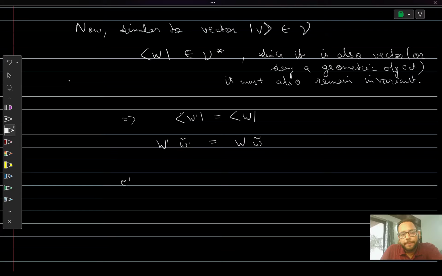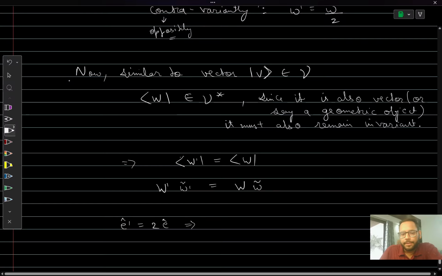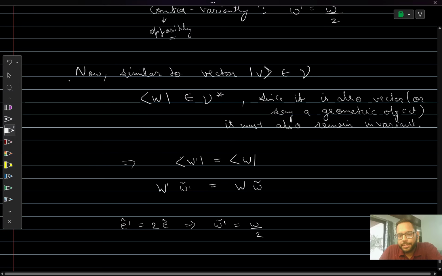Since my new basis is twice of this basis, this implies that my transformed basis in dual space should transform in the opposite sense.